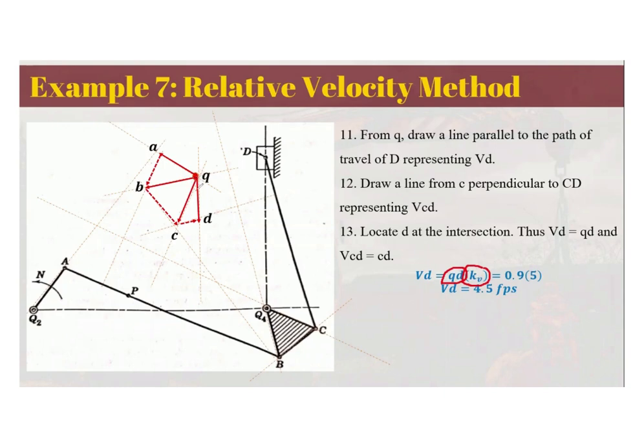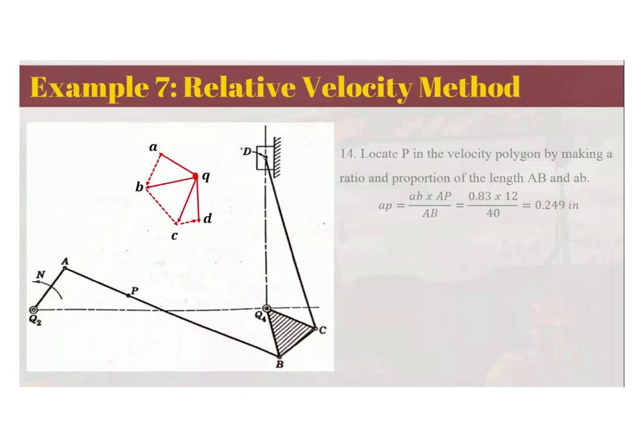Using a ruler, we are able to measure QD as 0.9 inch. Just multiply it with the velocity scale so that the actual velocity of D is 4.5 feet per second. And thus we are able to solve the first unknown. Velocity of D is 4.5 feet per second, and the direction is downward.